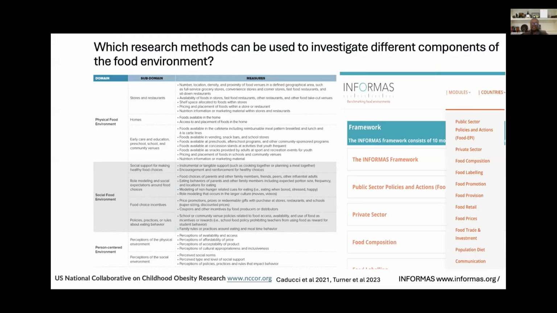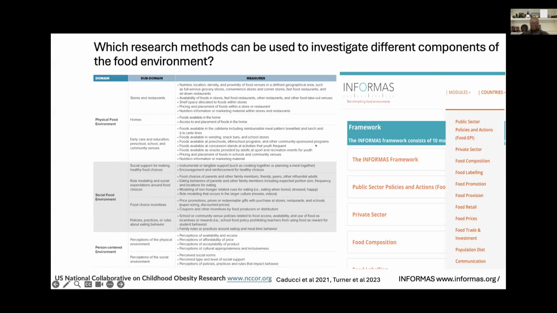And by research methods here, I wouldn't delve into methodology. I would just focus on the approaches that we can use to investigate the different components of the food environment as presented to you by Michelle.